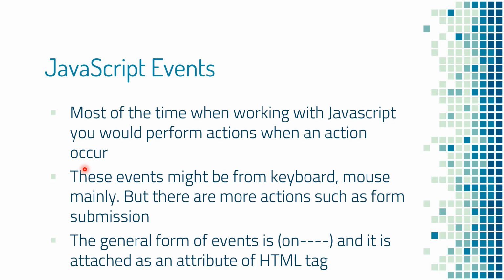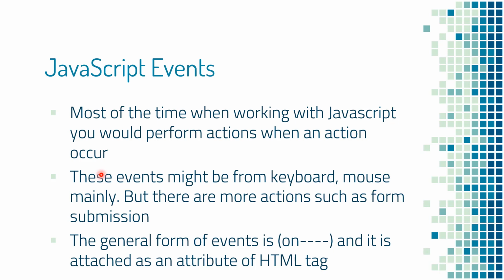You cannot just check it all the time. You would have a function written there and wait for the action to occur. So if the user clicks on the form, then this is the time when you want to check whether the form entries are valid or not.